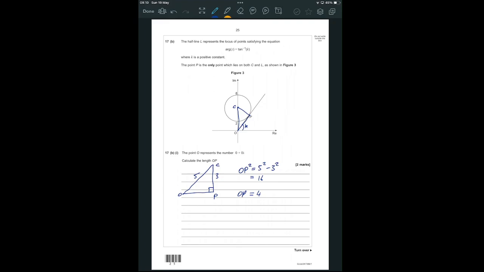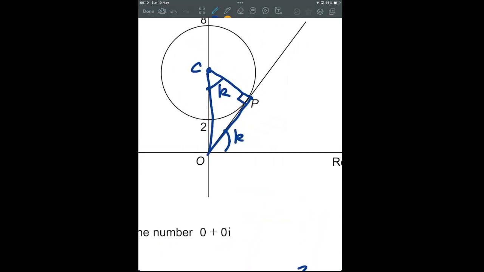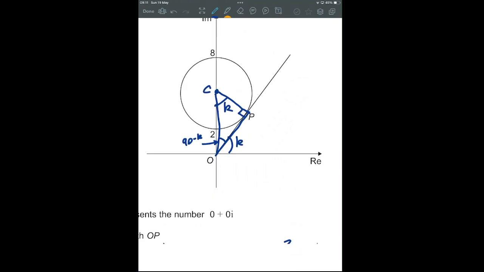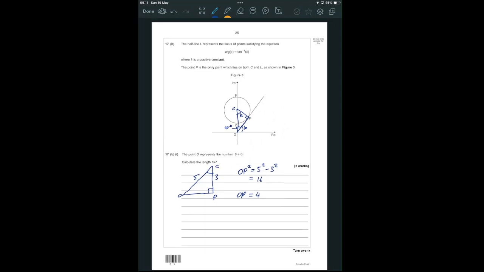Maybe the best way is to look at what other angles are similar to K. So I believe that angle there is also K. If that's a right angle, then that one there is 90 minus K, so the other one is K. So the next part of the question is now asking for that top coordinate. So a bit of SOHCAHTOA, we have the adjacent and the hypotenuse.